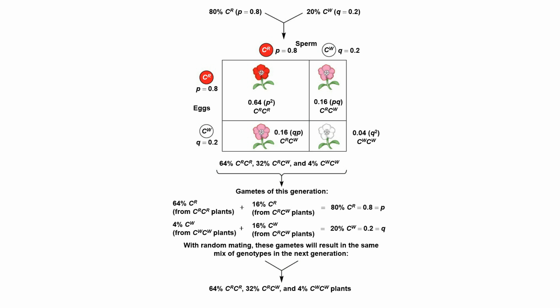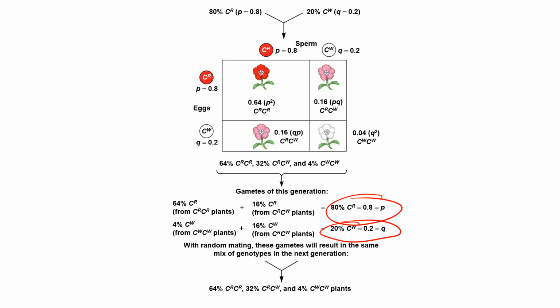The next generation that mates, you have 64% for the red allele, 4% for the white allele, plus 32% for the red and for the white. Again, you can see 80% overall for the red allele in the population, and 20% of the population is white allele.